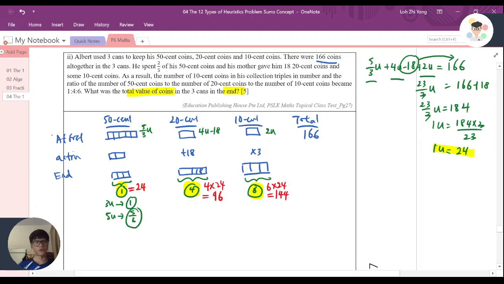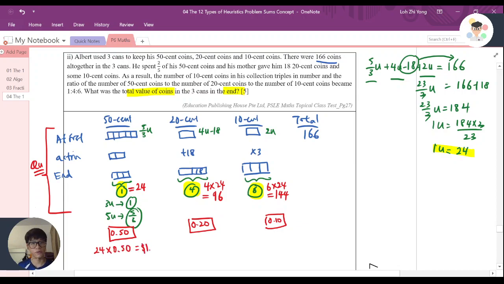Now, just for information, what we are doing here is all about the quantity, which is the number of coins. And we know that the value for each coin here is 50 cents, here is 20 cents, and here is 10 cents. So we just need to times it. 24 times 50 cents, I know here is $12. Here is 96 times 20 cents, so here will be $19.20.